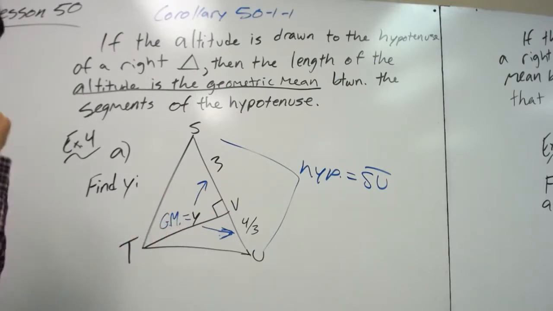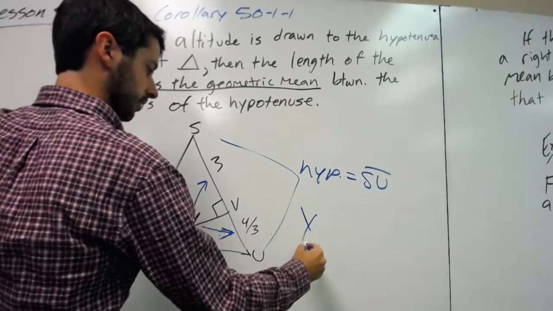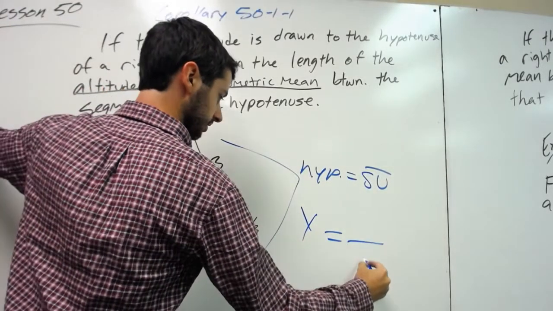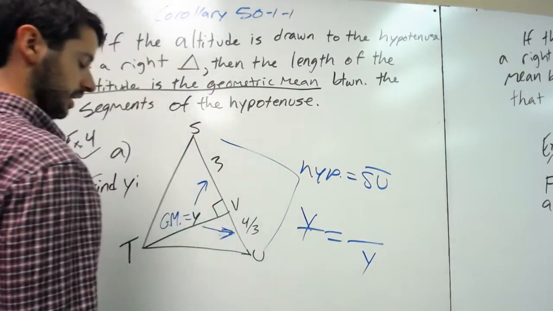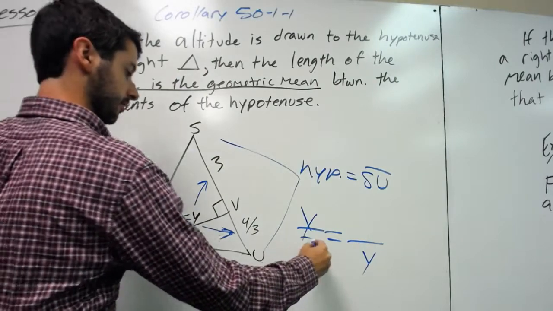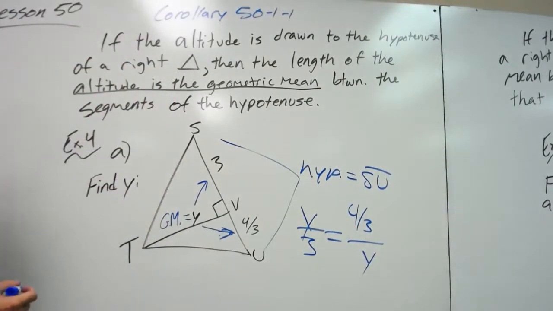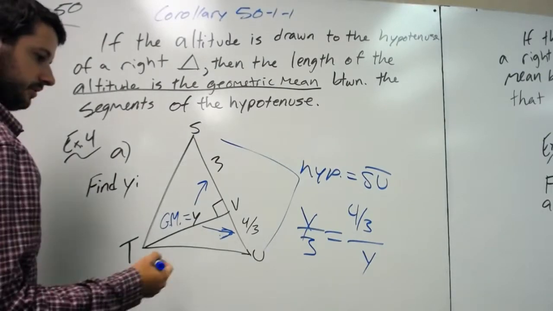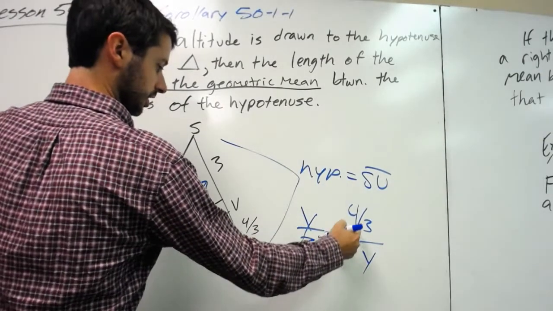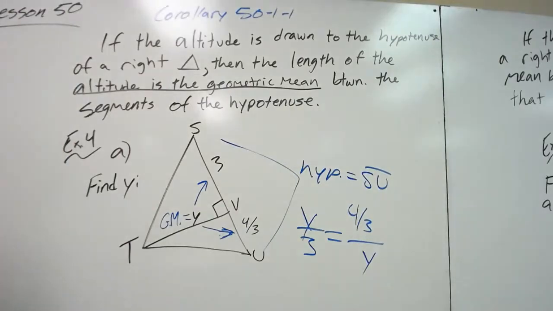So how we plug that in is, we're going to set the y's opposite of each other, and then the two segments we have are 3 and 4 over 3. So now if we read this, y is the geometric mean between 3 and 4 over 3.